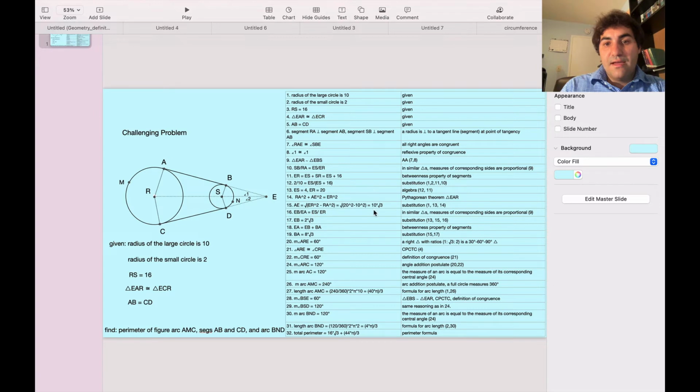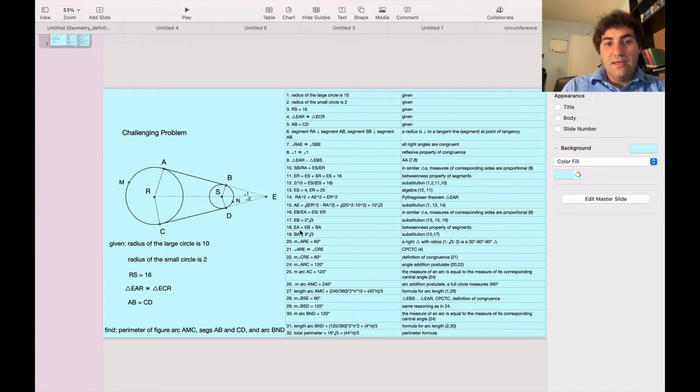We can use the fact that in similar triangles, measures of corresponding sides are proportional. We get EB divided by EA is equal to ES divided by ER, and then we can solve for EB, which is equal to 2 times the square root of 3.